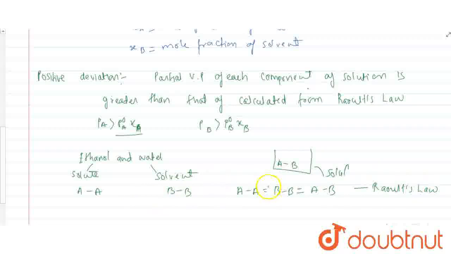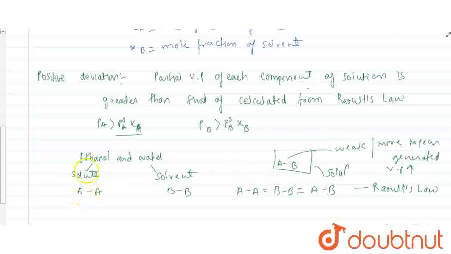But when we mix the solution and the interaction formed between A and B is weak, weak means this bond is weak, and when you heat, more vapor will be generated, and when more vapor is generated, the vapor pressure will be high. So this is the condition of showing positive deviation.